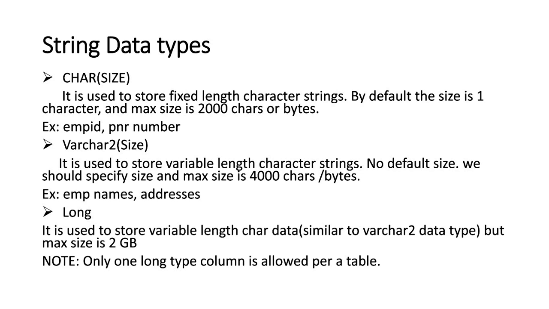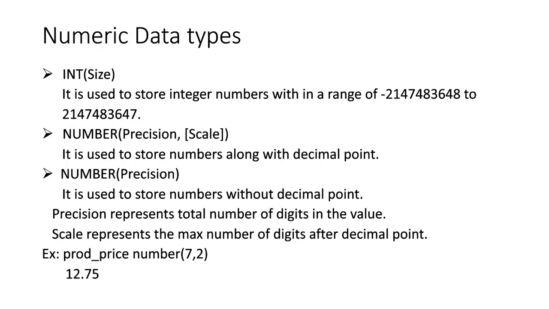Coming to the next, numeric data types. In numeric data types, we use INT, NUMBER with precision and scale, and NUMBER with precision only. First, INT is used to store integer values within a range of minus 2147483648 to 2147483647.